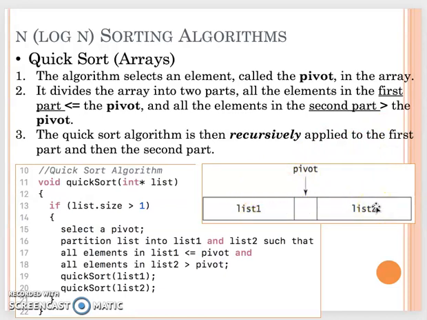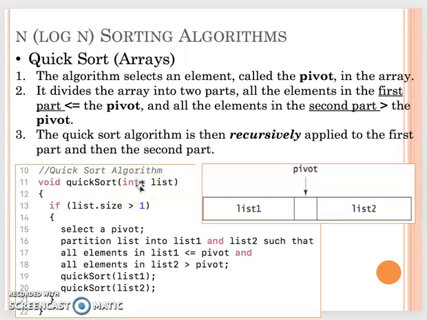Once we see the list has a size of only 1, we finish the recursive code. So your algorithm looks like this. When you start your quick sort, you can pass your list by pointer.